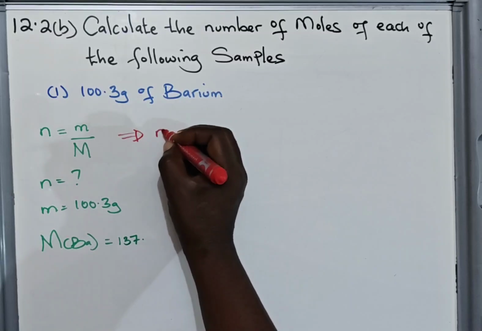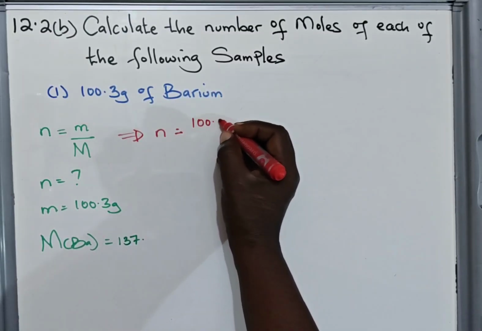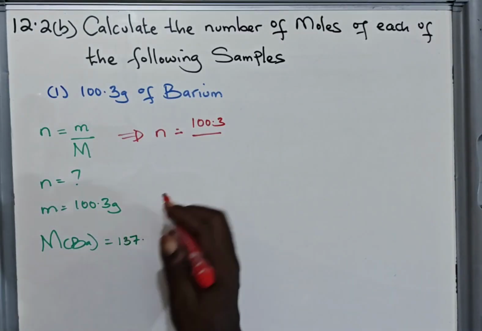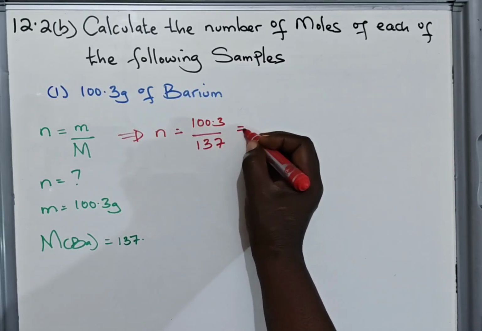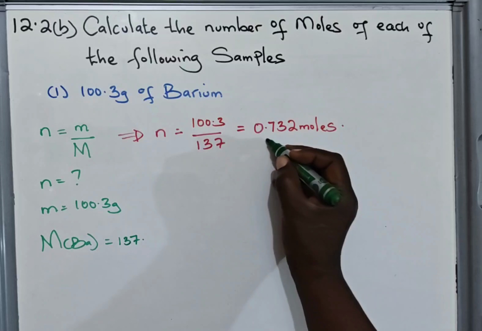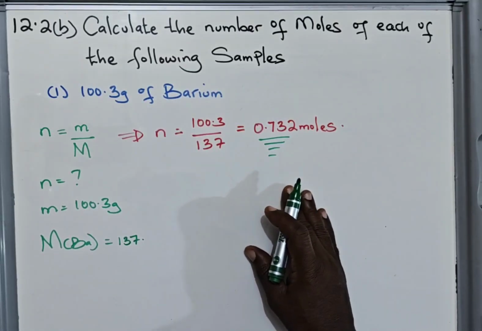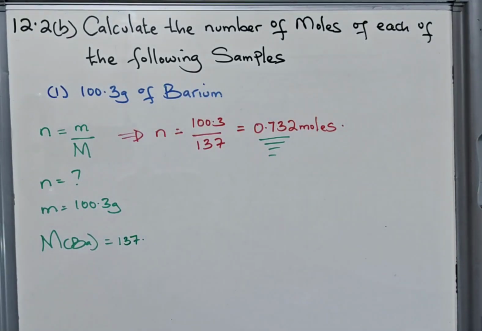We are looking for N, but we know mass, and we know the molar mass of barium, which is 137. So we have the number of moles as 0.732 moles.